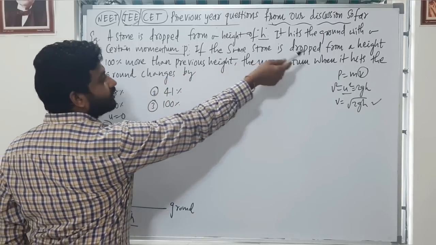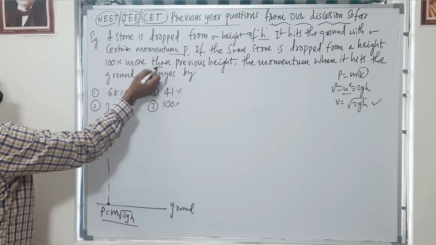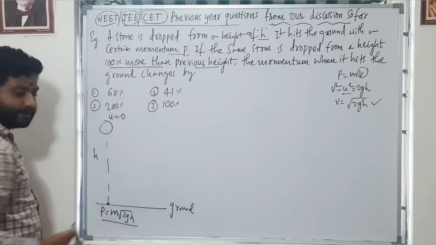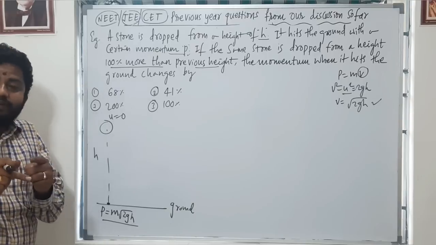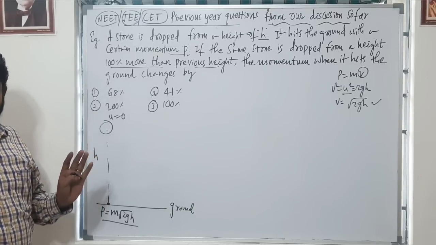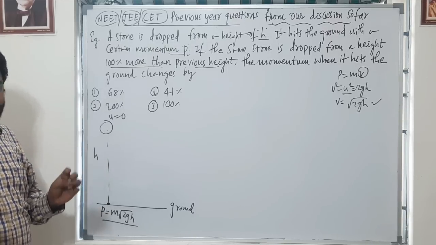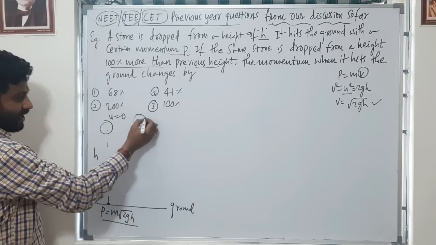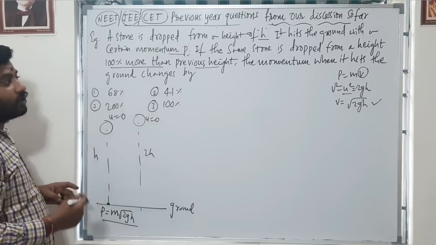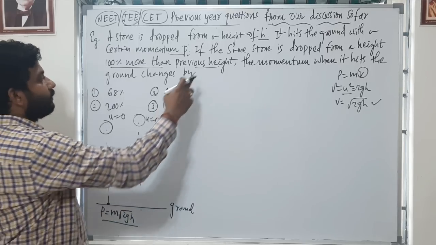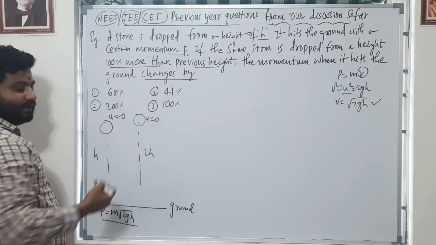If the same stone is dropped from another height of 100% more than the previous height, initial height is h. 100% more means it is double. Yes or no? Tell me. 100% more means it is double. So now there is the same stone which is dropped from a height of 2h. The momentum when it hits the ground changes by, right?